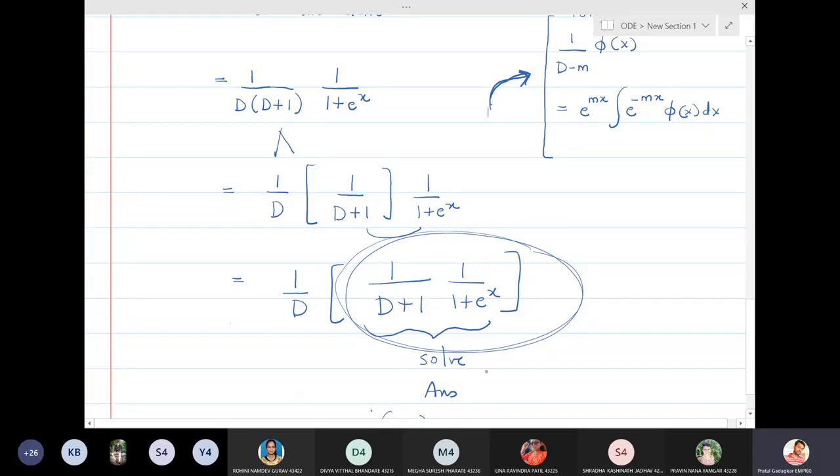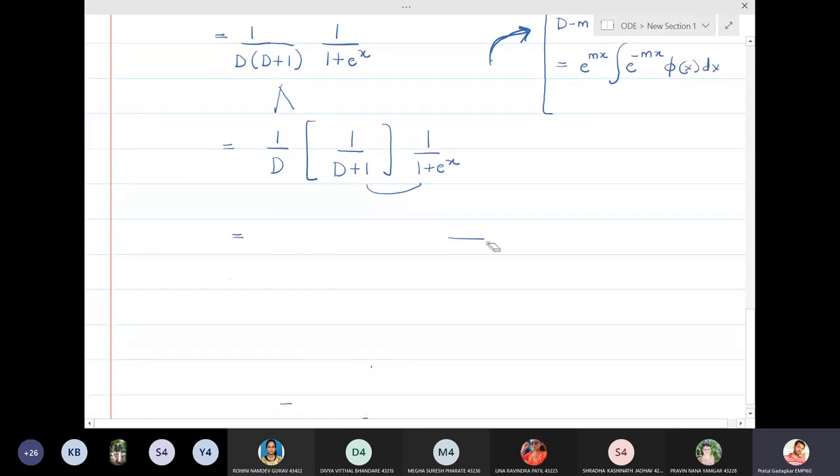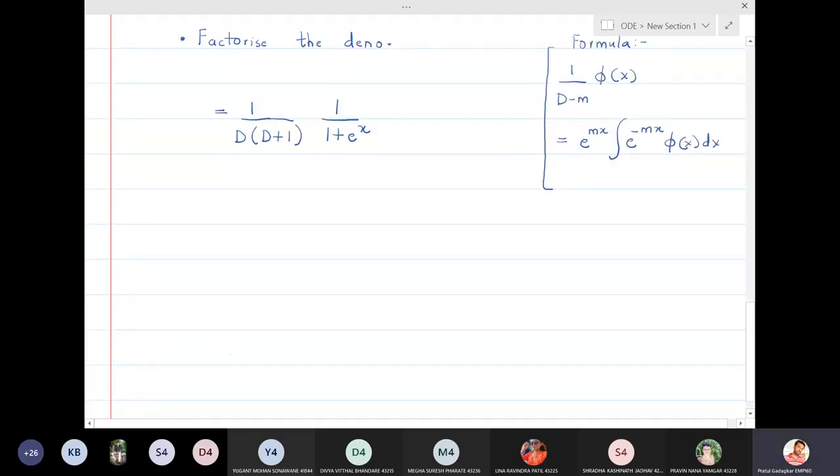Now for this particular problem, I am going to use the method of partial fractions. I'm going to write the partial fractions of the above. So now I know the partial fraction of 1 upon x into x plus 1.